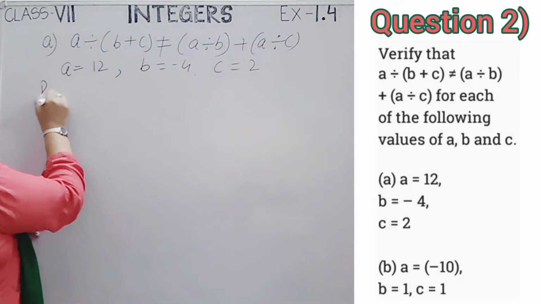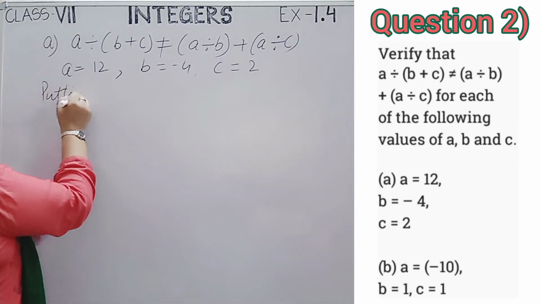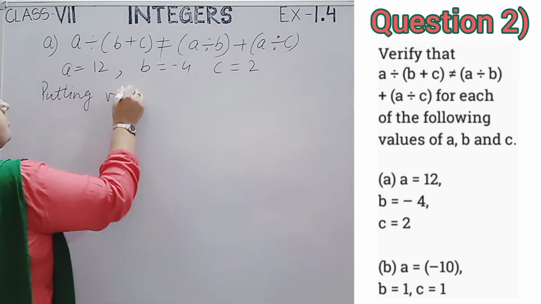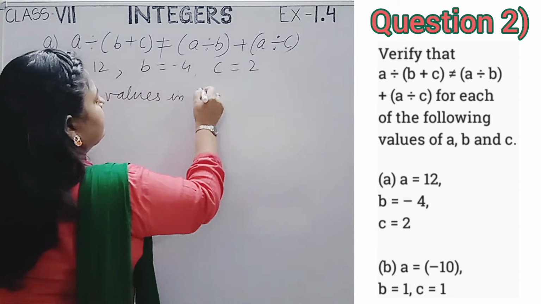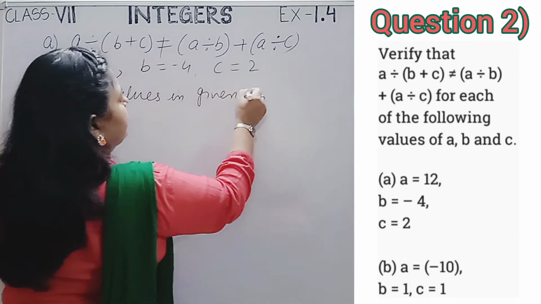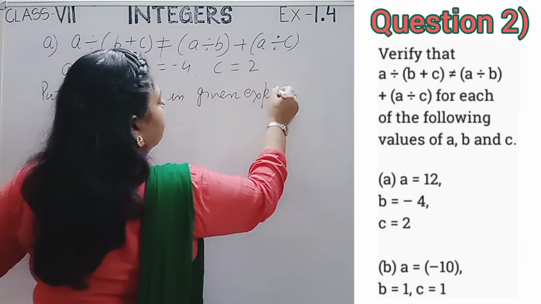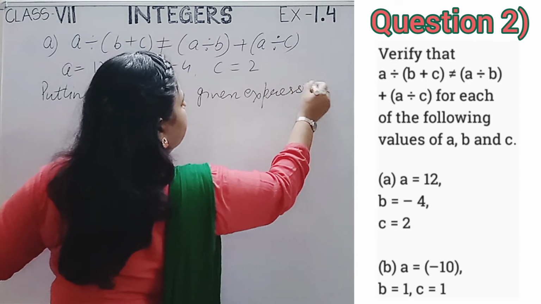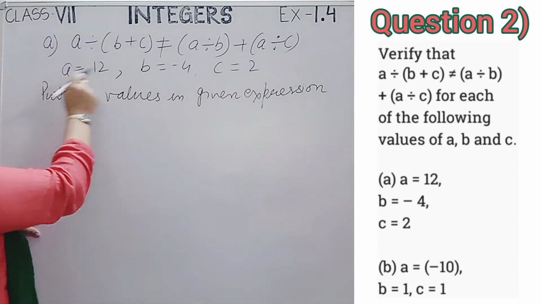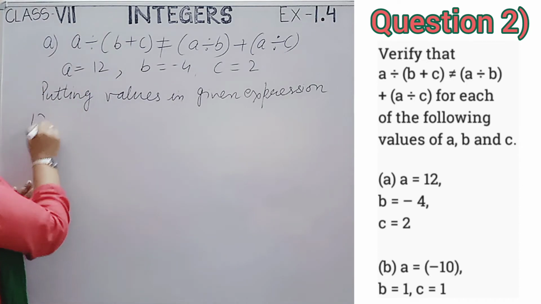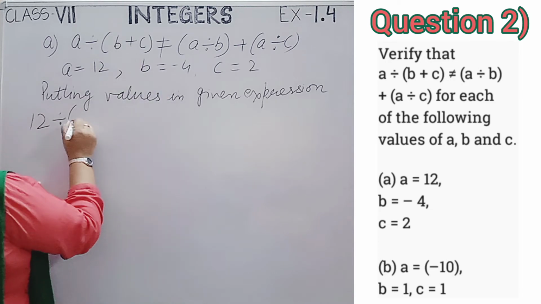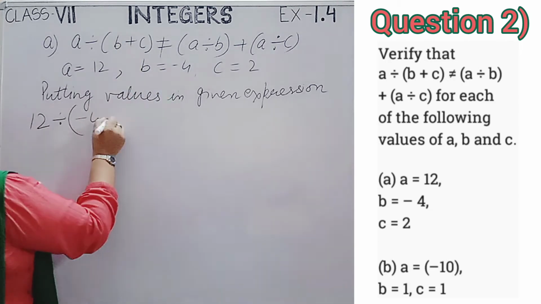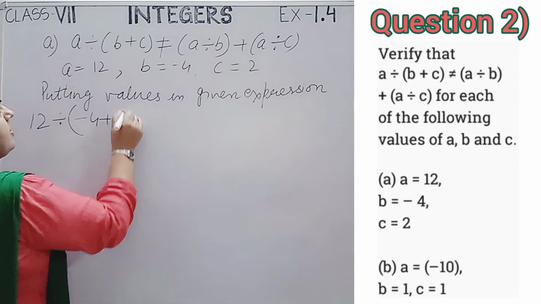So putting values in this expression, A is 12, here 12 divided by B plus C.